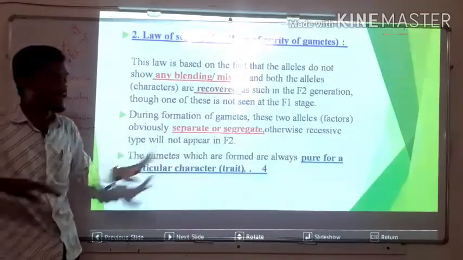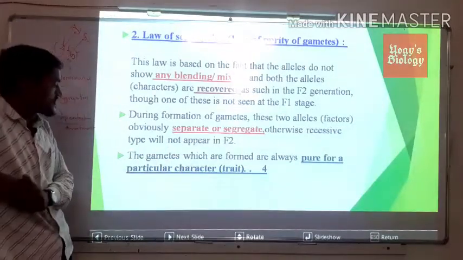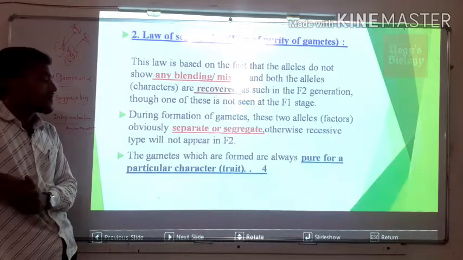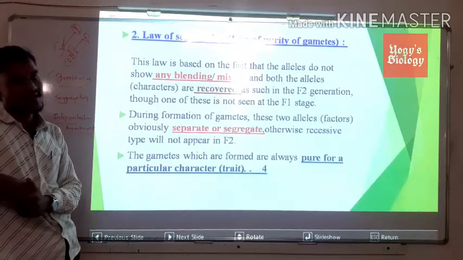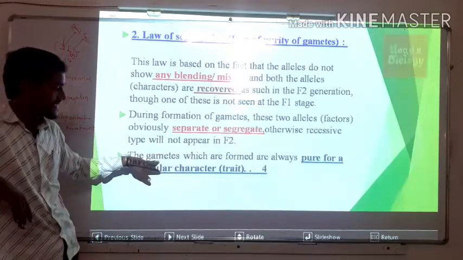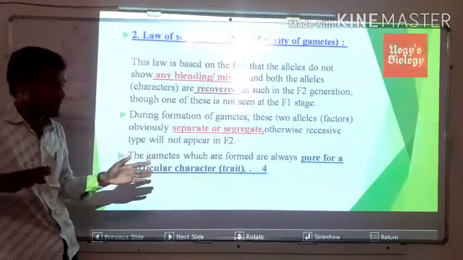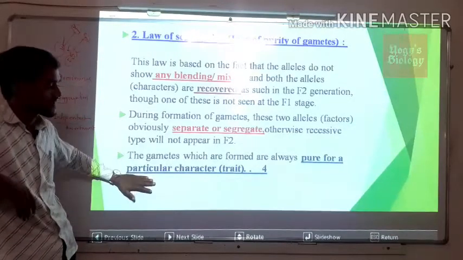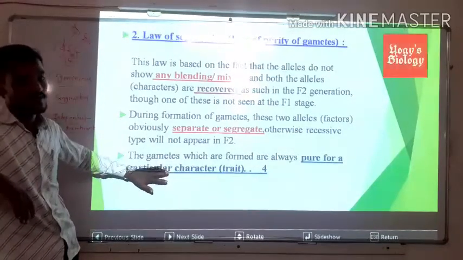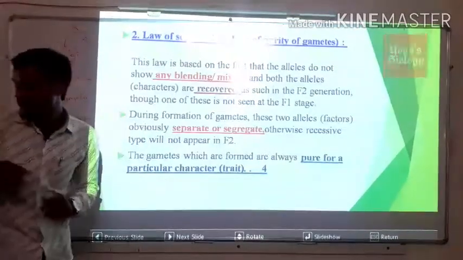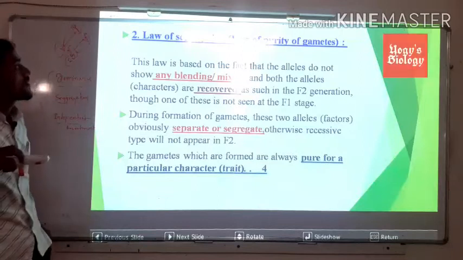Otherwise, the recessive type will not appear in the F2 generation. So the gametes which are formed are always pure for a particular character or trait. This is the law of purity of gametes, another statement of the law of segregation.